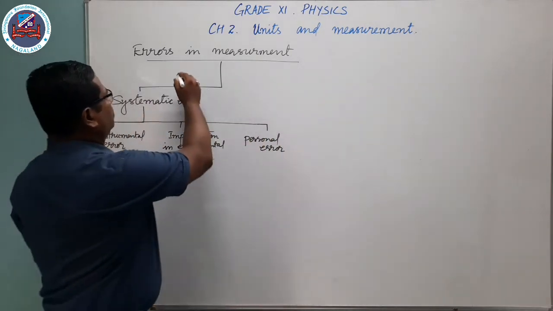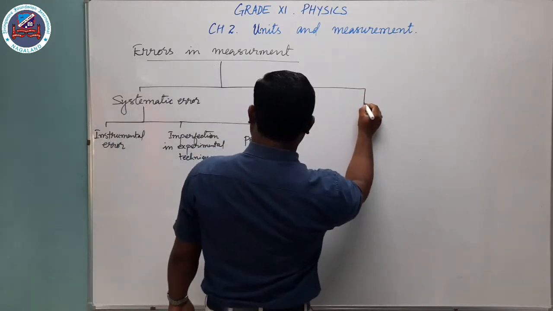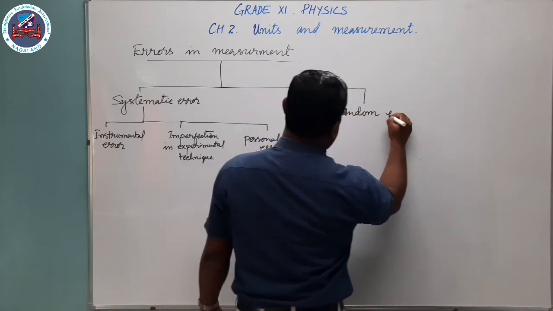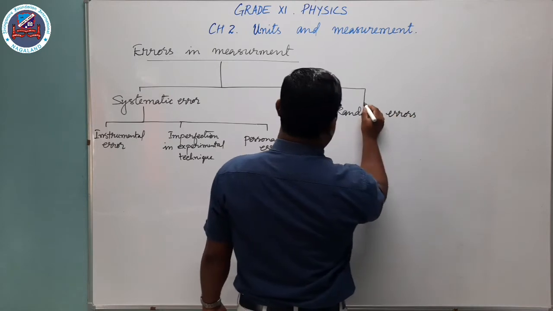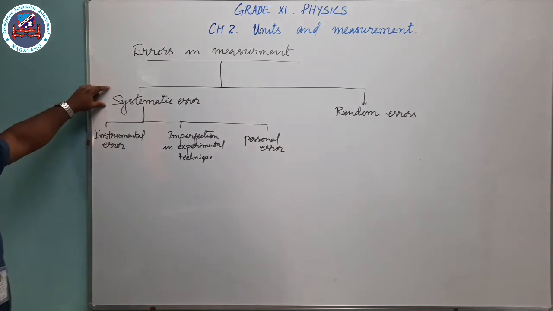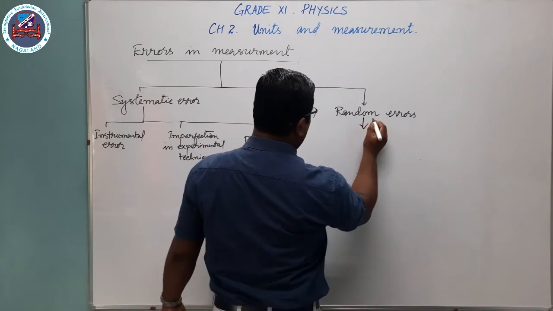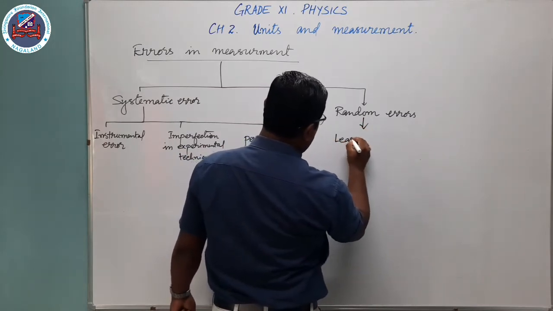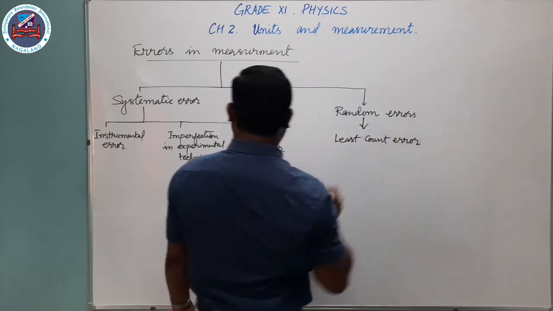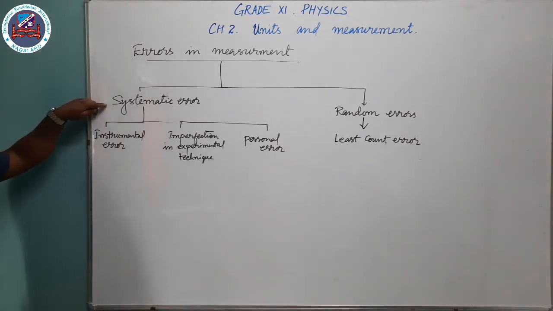And then the other type is random errors. So it is classified like this: errors, systematic error, and random errors. Under random errors, you even have least count error. Like this it goes. First of all, let us see systematic error.